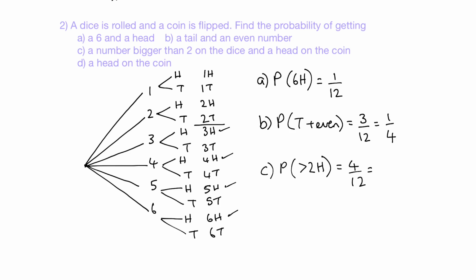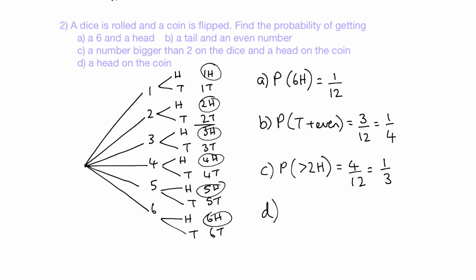4 and 12 are both in the 4 times table. So that would be 1/3 when you divide top and bottom by 4. Then the last one, probability of getting a head on the coin. Well, just a minute, let's get rid of these. That is this one, this one, this one, this one, this one, and this one.